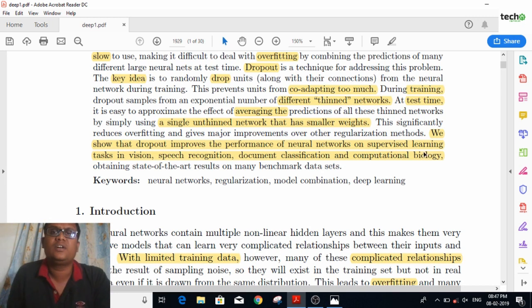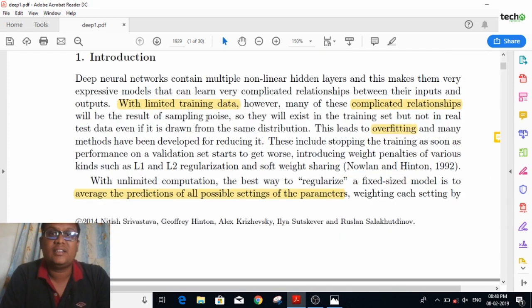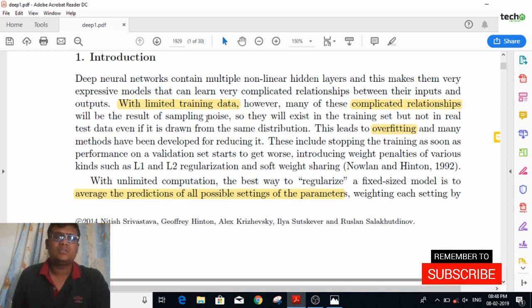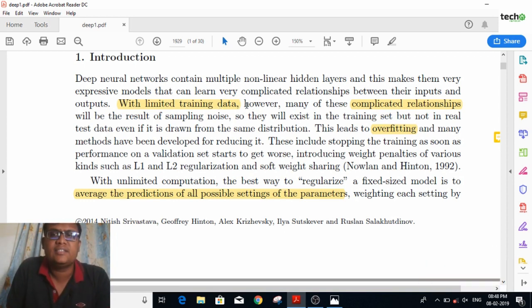These are some of the things discussed in this paper. If the training set is less than 500, the neural network doesn't work considerably. That is what this paragraph tells you: with a limited data training set, you are unable to make efficient models.